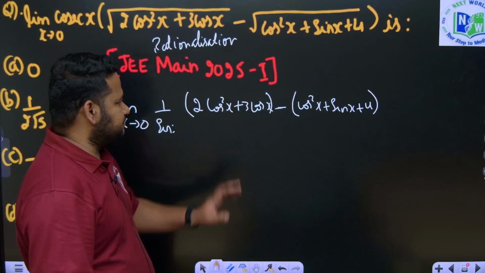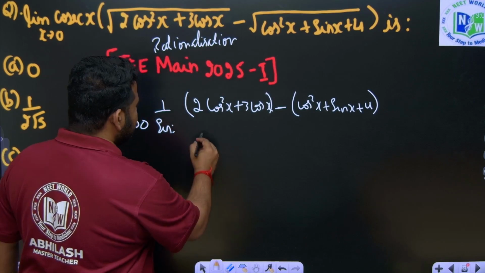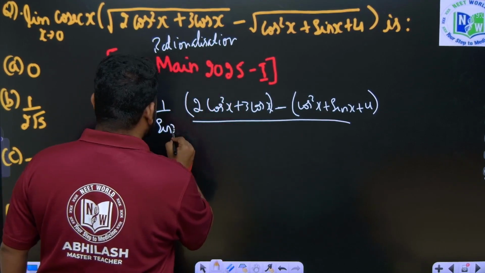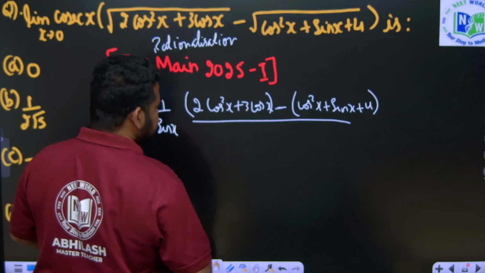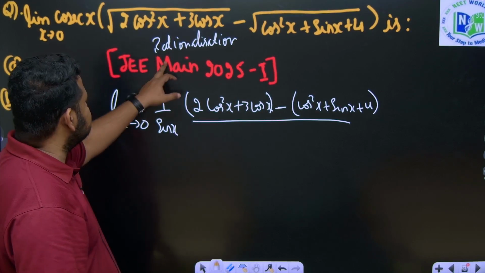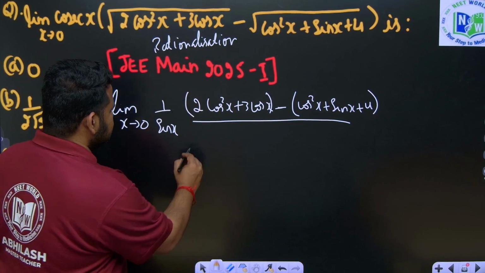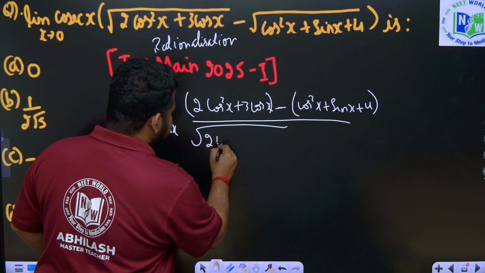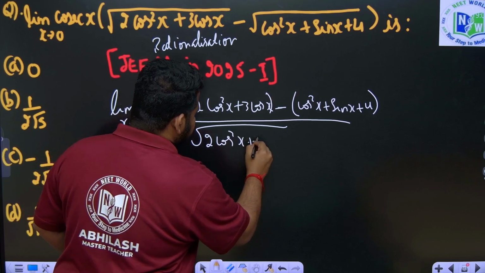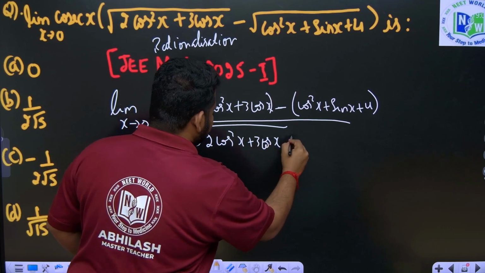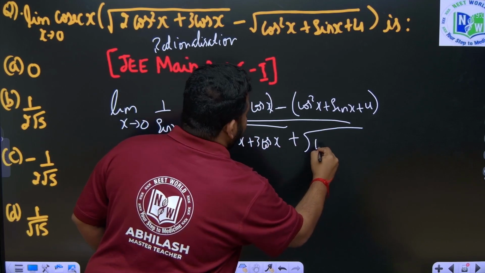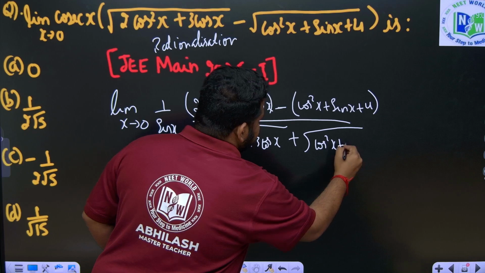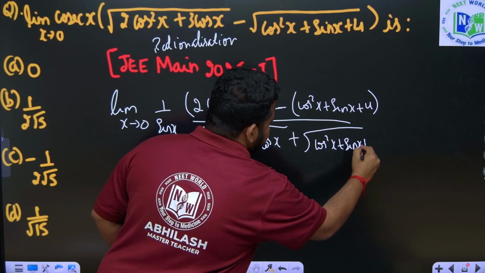That is a square minus b square. We got it. Square root is removed. Now this divided by this is sin x. Entire sin x will be for this whole thing. This divided by what is this? This will be plus. So square root of 2 cos square x plus 3 cos x plus square root of cos square x plus sin x plus 4.